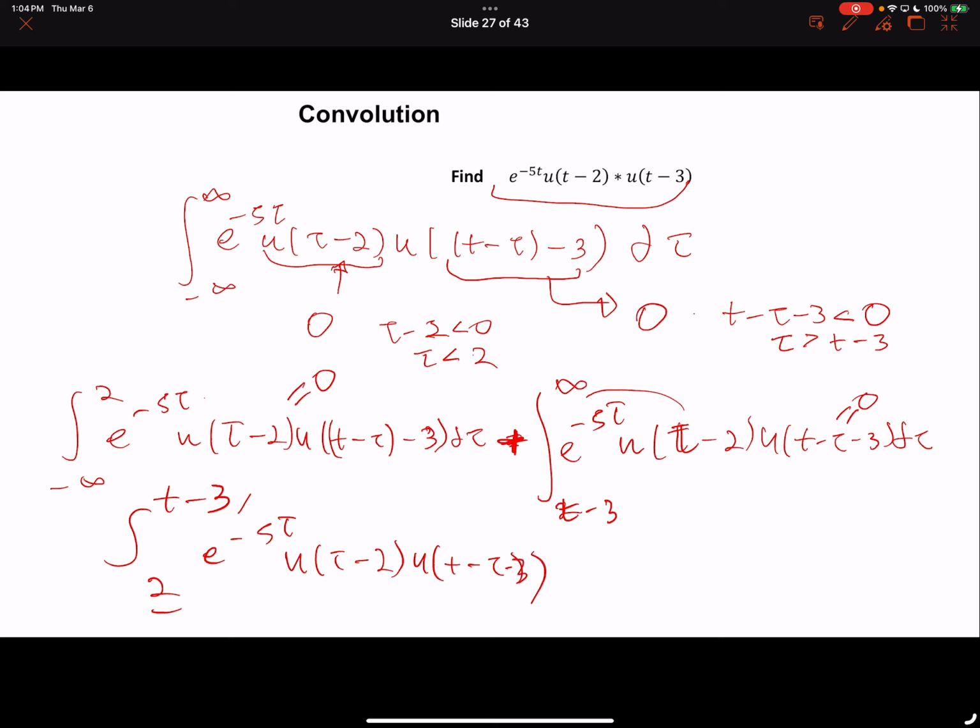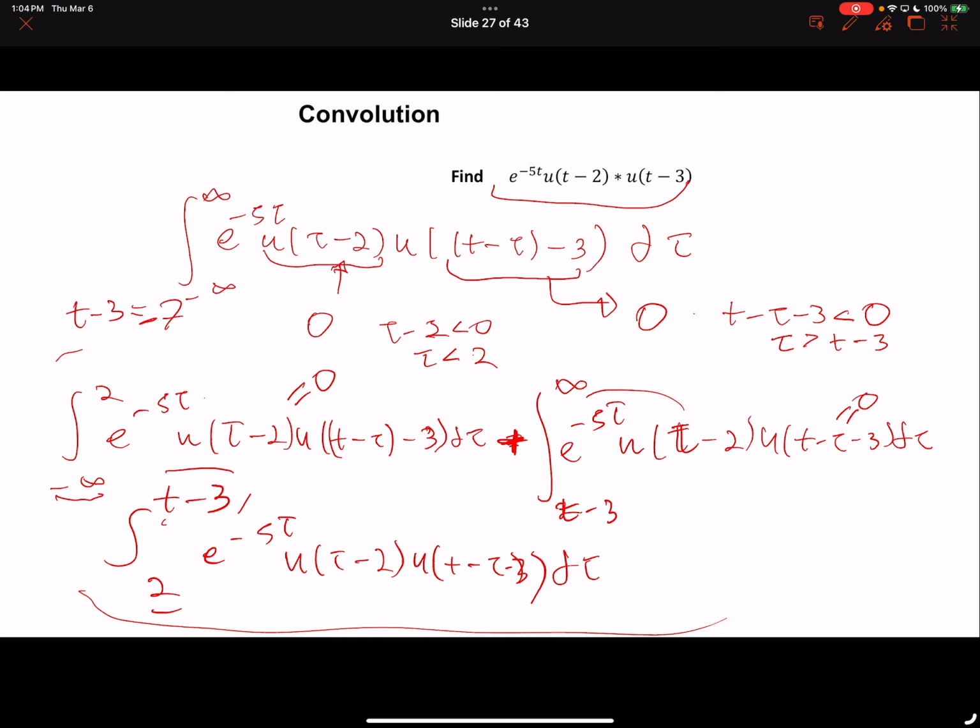Now here's where we have to be careful, because if t minus 3 is less than 2, that means we've already integrated this range because we went from negative infinity to 2 already. So let's say t minus 3 is equal to, let's just say, negative 7. Well, that's already covered in the range from negative infinity to 2. So we would be double dipping.